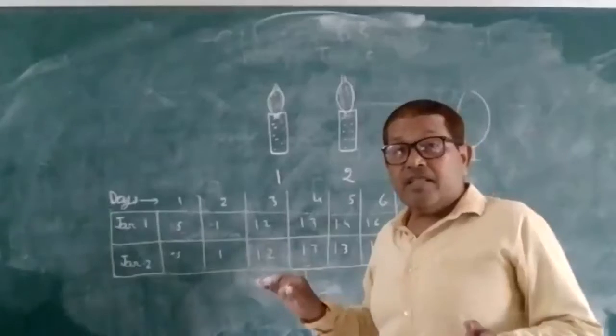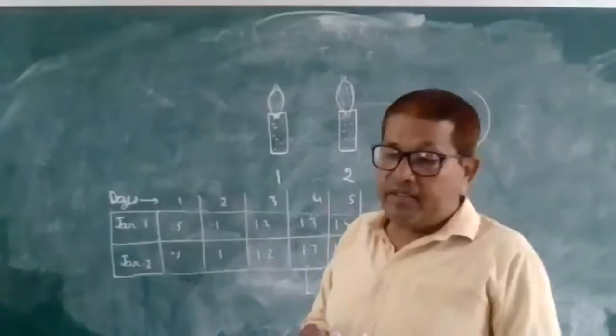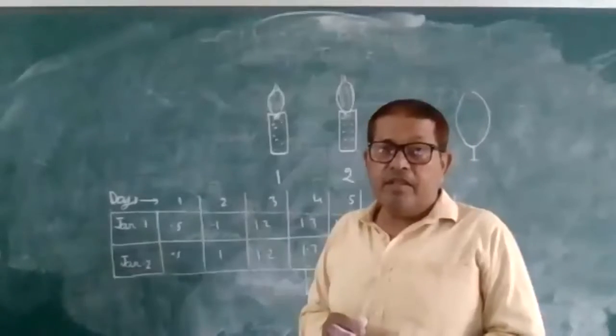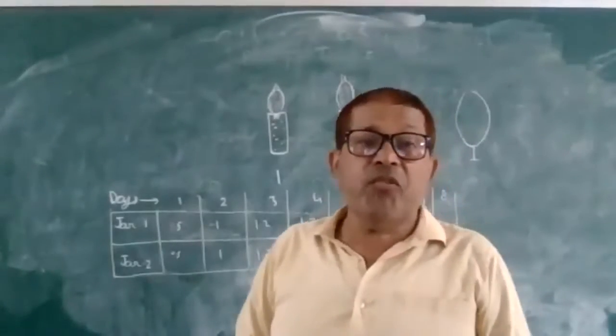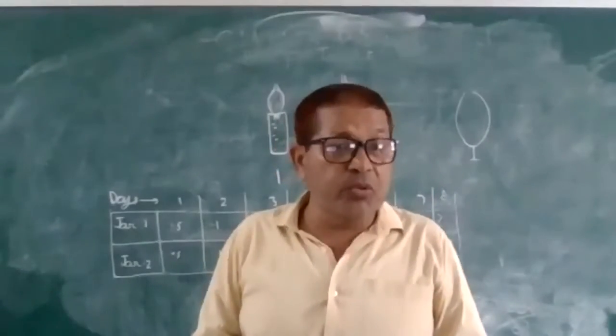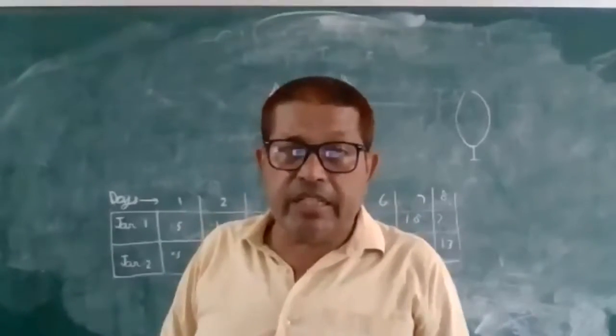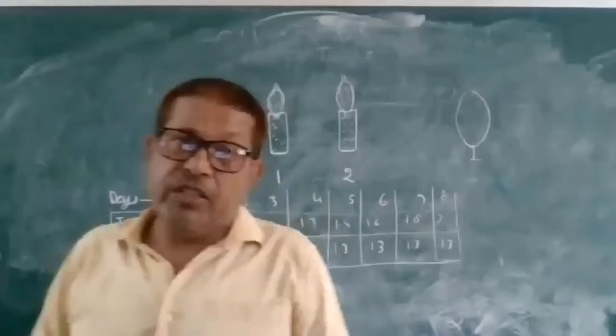So by this experiment, we can say that meristem is found at the apex of the root, which is responsible for the increase in the length of the root.